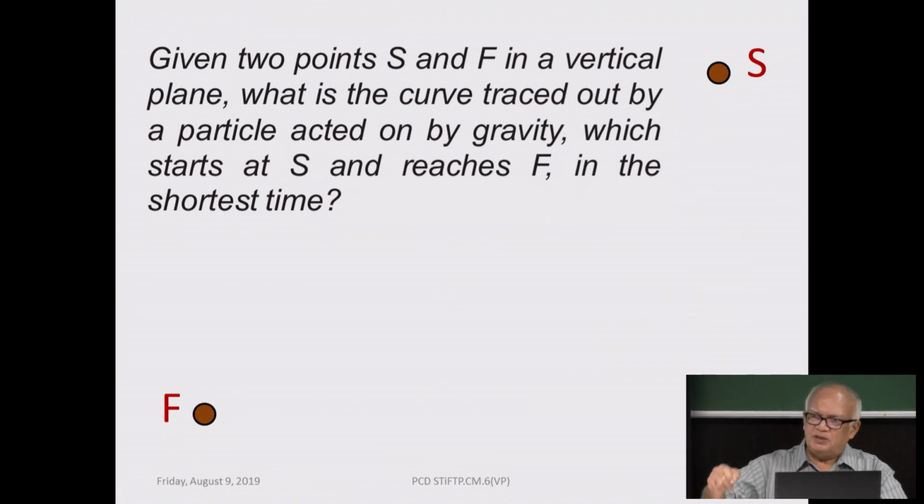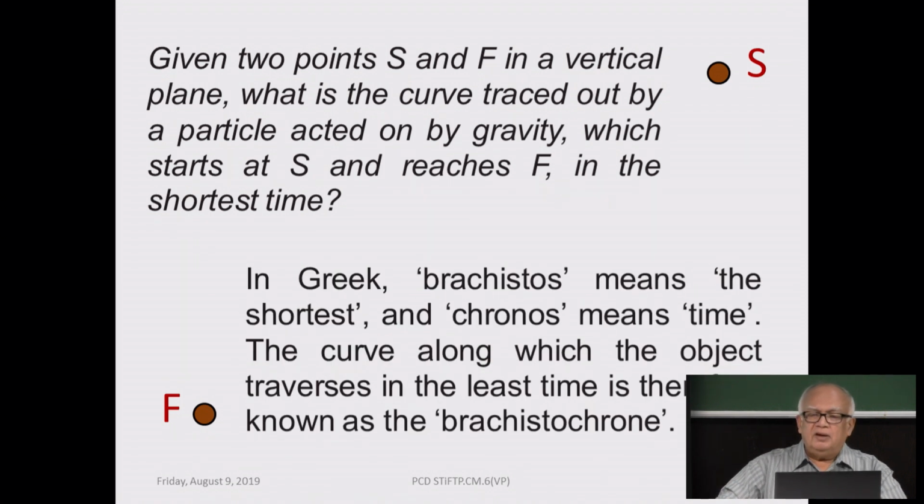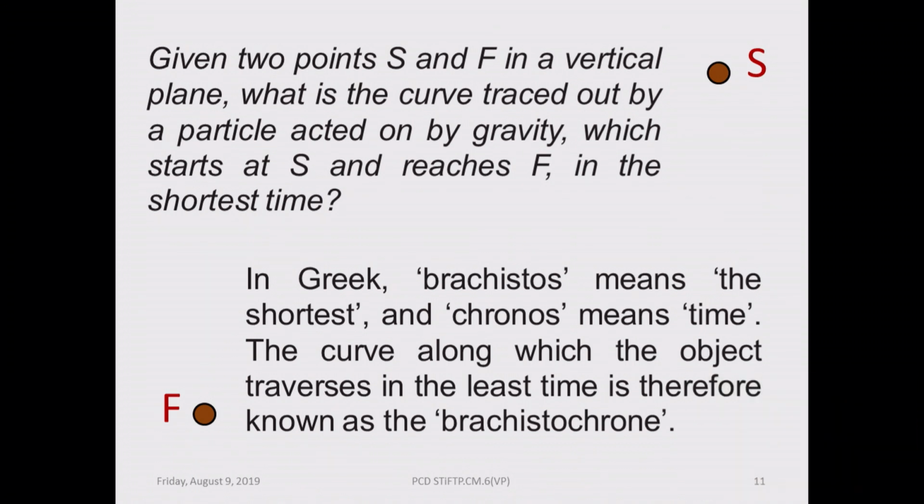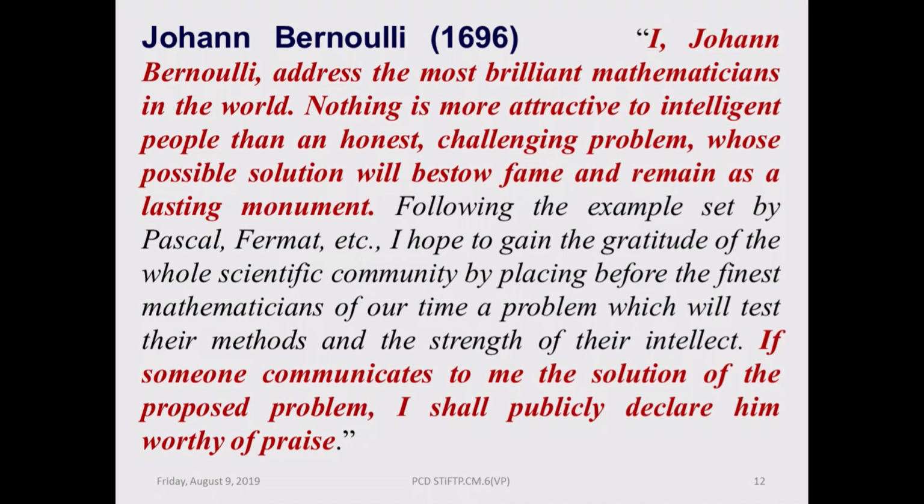Okay, you let go of this particle and you are asking along which particular curve the object will reach the finish point fastest. And chronos is the Greek word for time, brachistos is fastest. So you are asking what is the brachistochrone, along which curve do you have the brachistochrone. So this problem is famously known as the Brachistochrone problem.